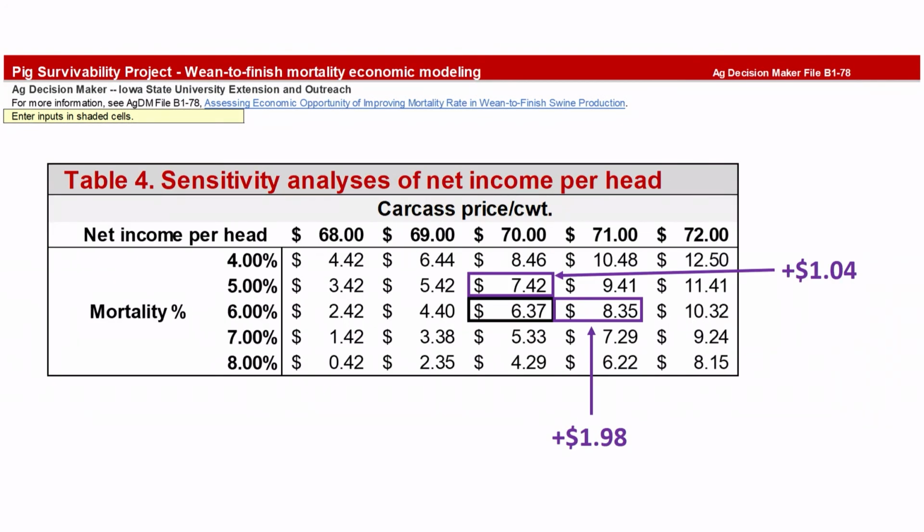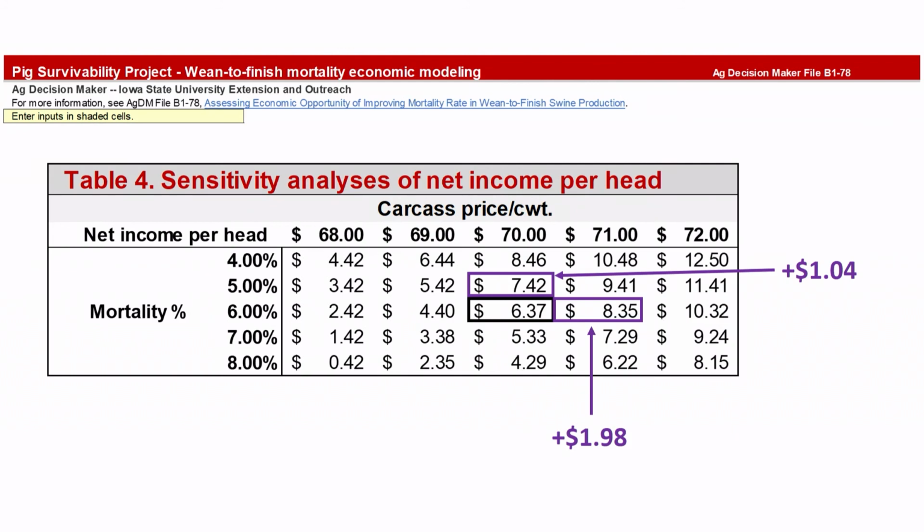Now, the value in these types of tools is the sensitivity analysis. So here, what if we change hog prices? Well, if hog prices are better, that value becomes more, right? Because each one saved is worth a little bit more.